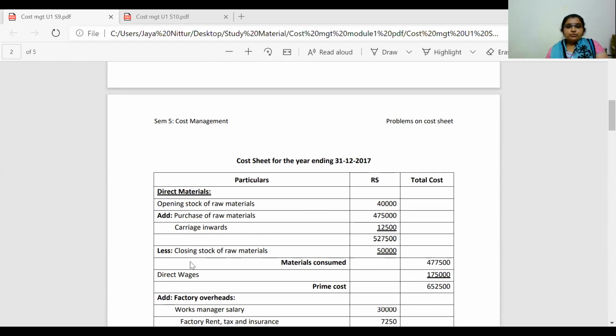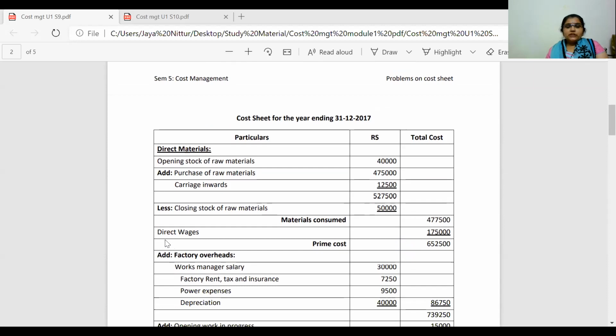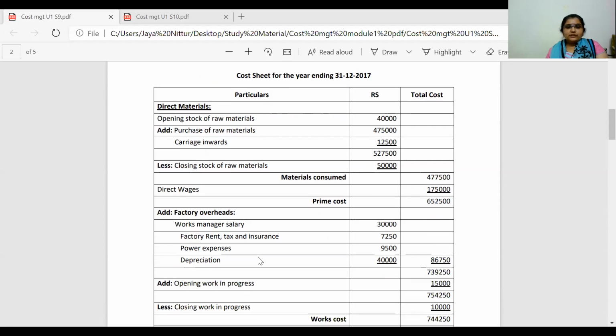Among them, we deduct the closing stock of raw materials, 50,000. Total materials consumed is 4,77,500. For this, we add direct wages of 1,75,000. Then we get the prime cost as 6,52,500.